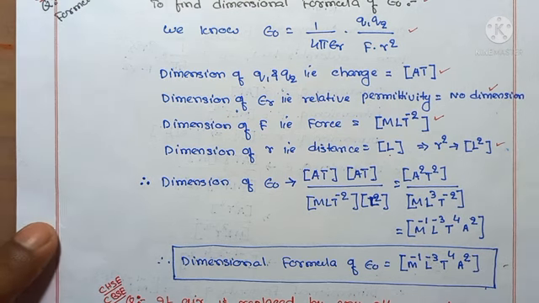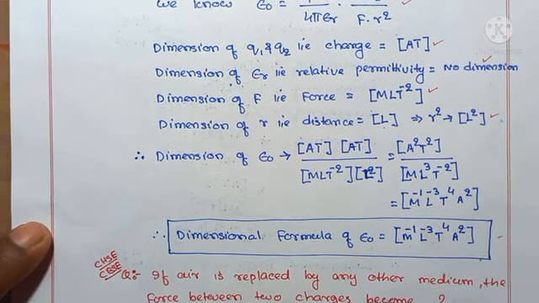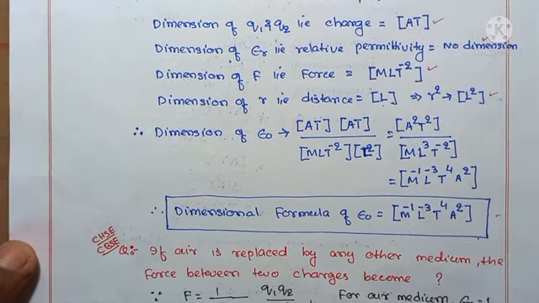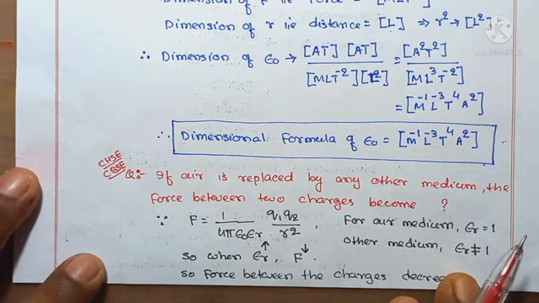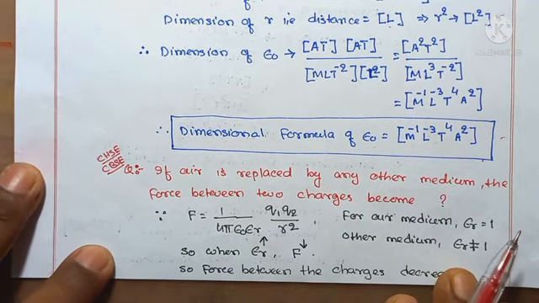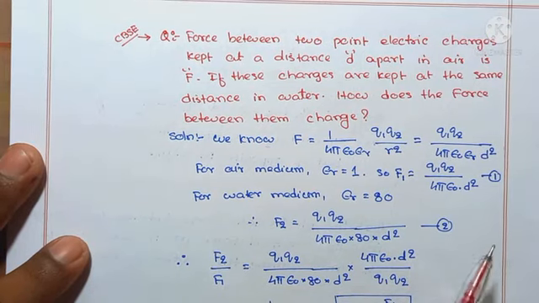ठीक है. So based on this Coulomb's law, we'll solve some important problems. All these problems are already board exam problems, CHSE board, CBSE board problems. So we'll see one by one. Next question.